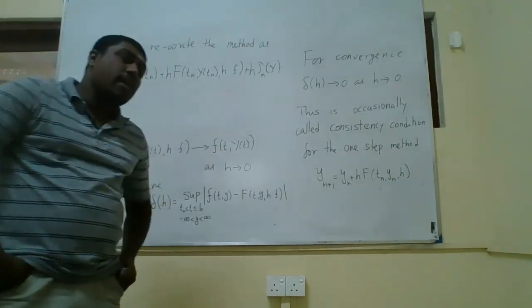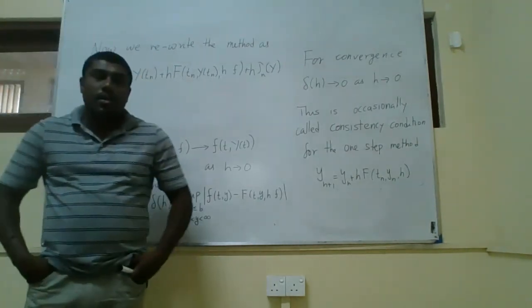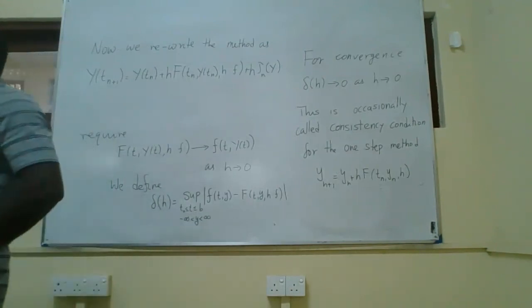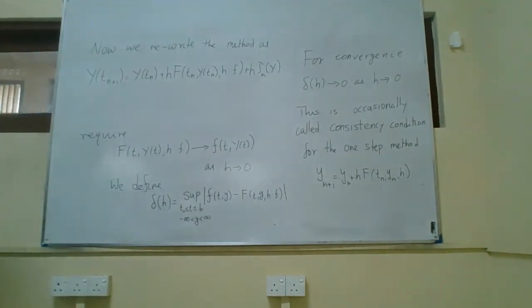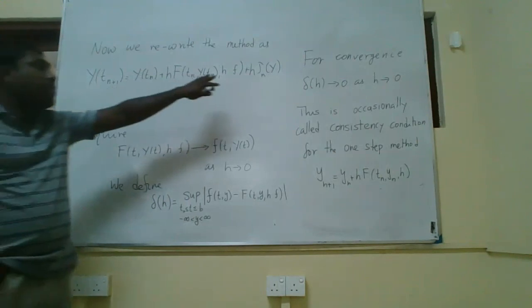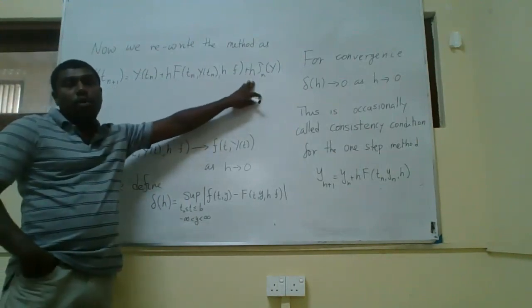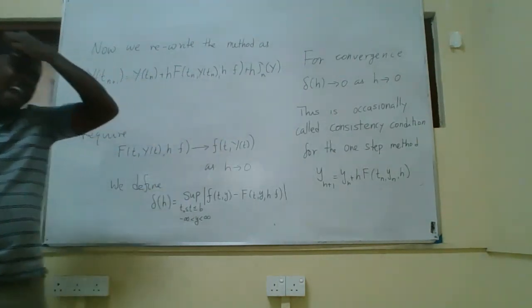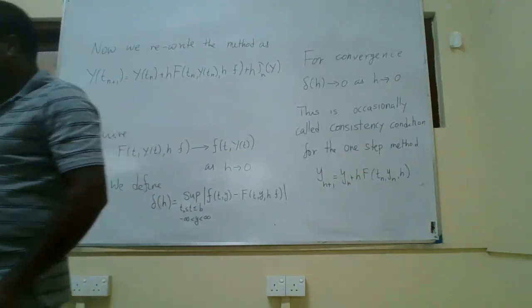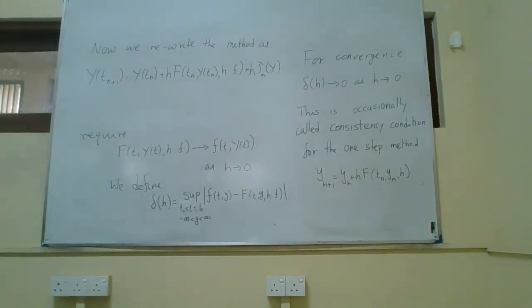So the real solution substituted in the method. That is the right word, substituted in the method. So in that case, by including the error, you can rewrite the method as this, Yn plus 1 and so on.